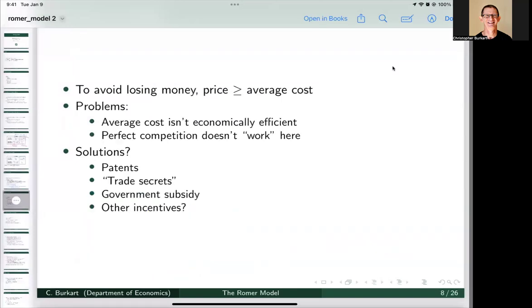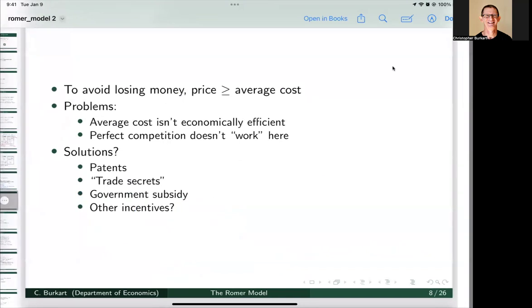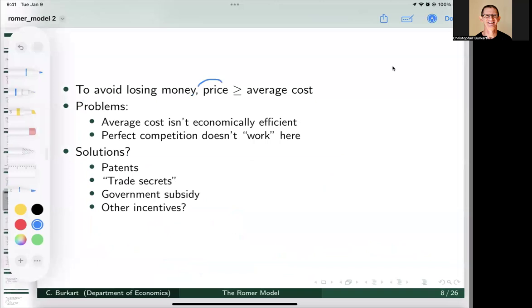So the bottom line is that companies, to avoid losing money, need the price to exceed the average cost of production. The problem is that isn't economically efficient, right? So this is my long-winded way of saying markets don't necessarily do a good job of this.